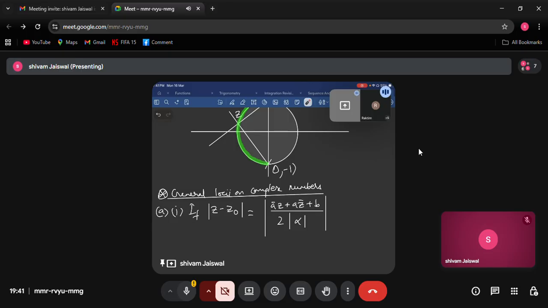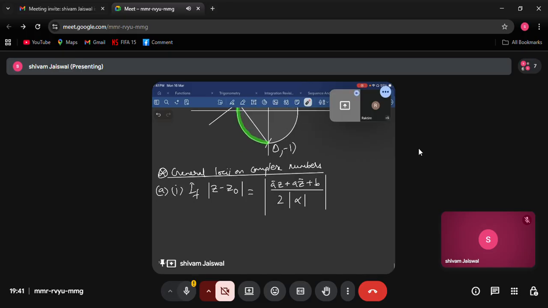So distance of a point from a fixed point is equal to distance of a point from a straight line. What is the locus of z? Then locus of z is a parabola.